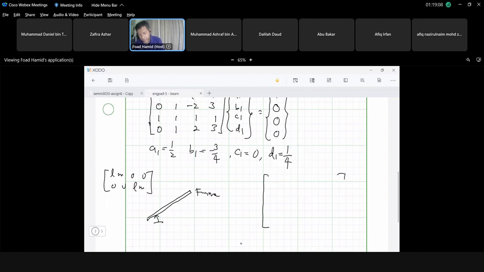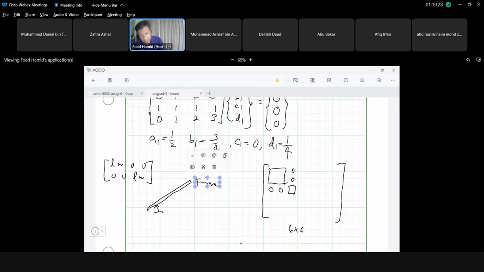So what we have here should be a 6x6 matrix. 2 is for the beam, 1 here is for the bar. For the frame, let me show you what I meant here.